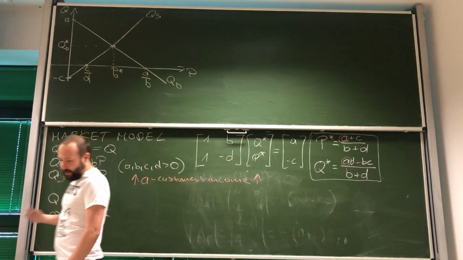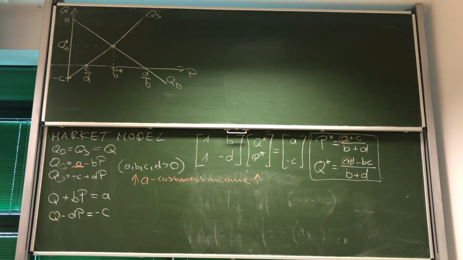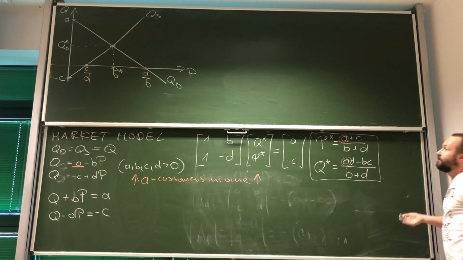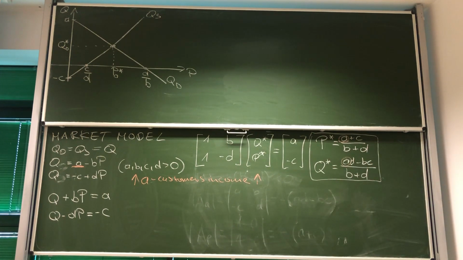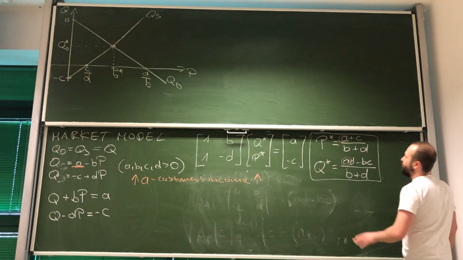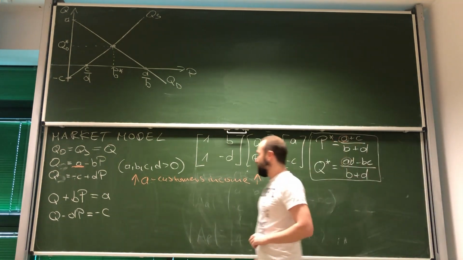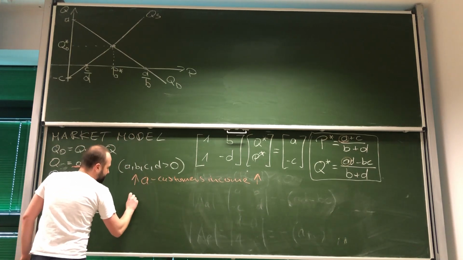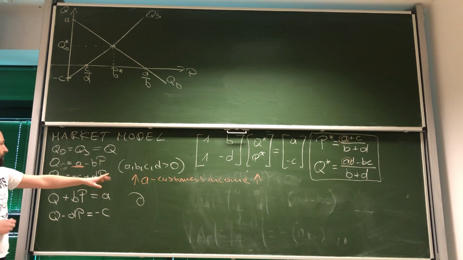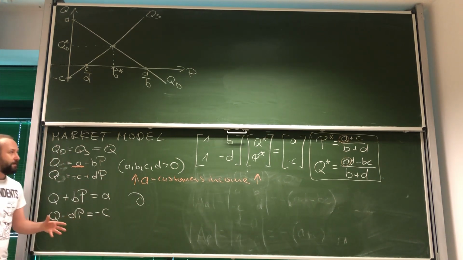Now, what do I need to do to find this effect? Well, actually, you already know what we need to use because we've already been using it very often in mathematics class. And look, all we've got to do is to calculate partial derivative. Okay, let's start with price. Look, what I want to do now is to see what's going to happen to price if customer's income is going up.